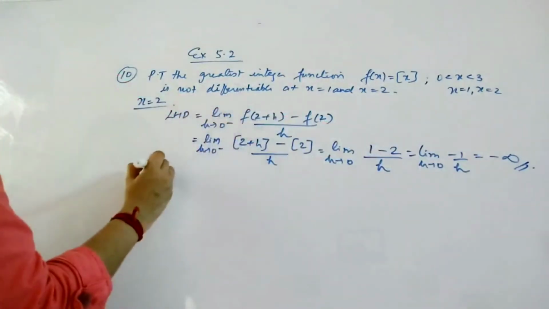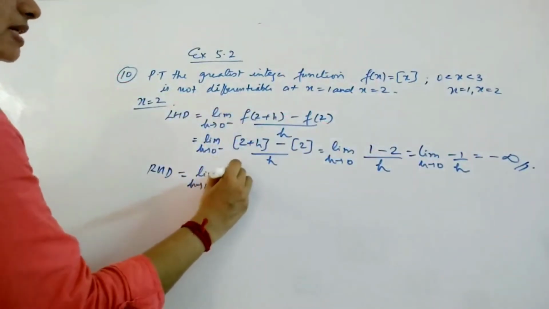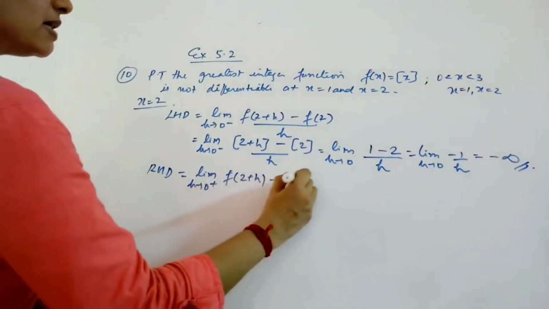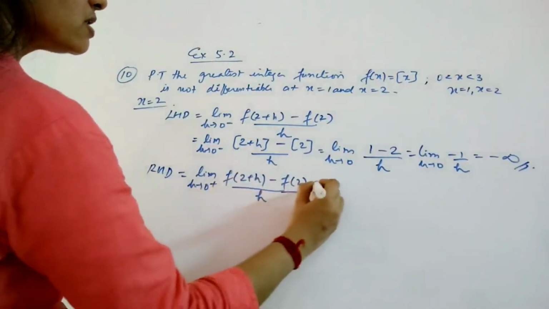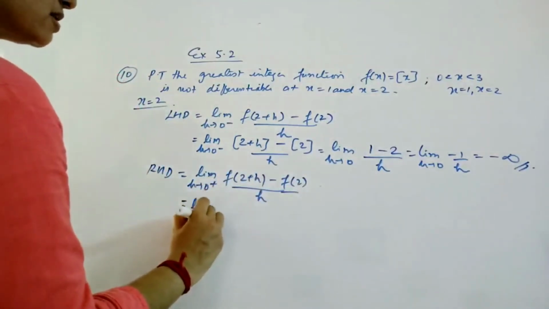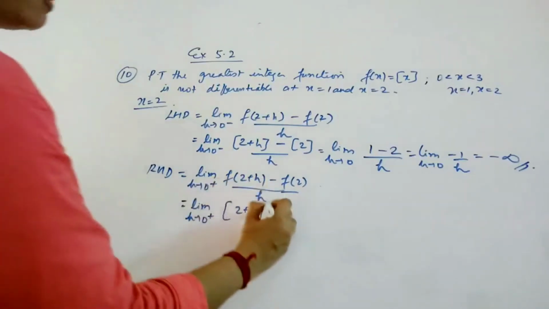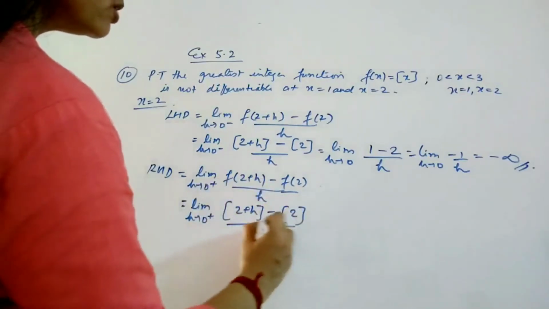That is your LHD. Now for RHD, you have limit h tends to 0 plus f of 2 plus h minus f of 2 divided by h, which is equal to limit h tends to 0 plus, again greatest integer of 2 plus h minus greatest integer of 2 divided by h.